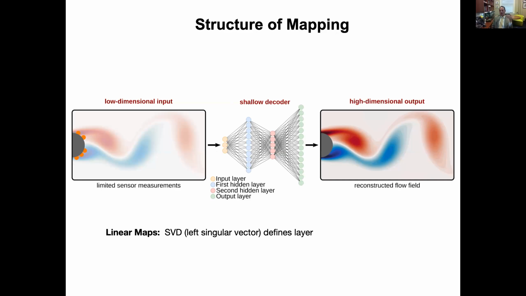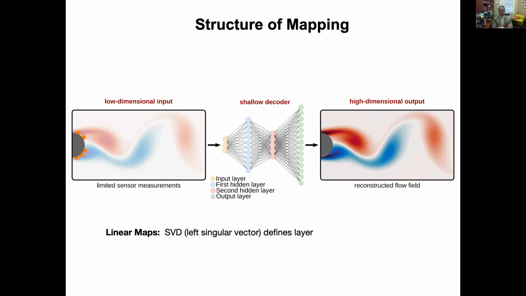You start with measurements and go to the state space. What you need here is a set of training data. The input layer is on the left, and we're going to use just a couple of hidden layers. We call this a shallow decoder because this is not a deep neural net. It's very shallow. It's basically a big pipe out to the data.